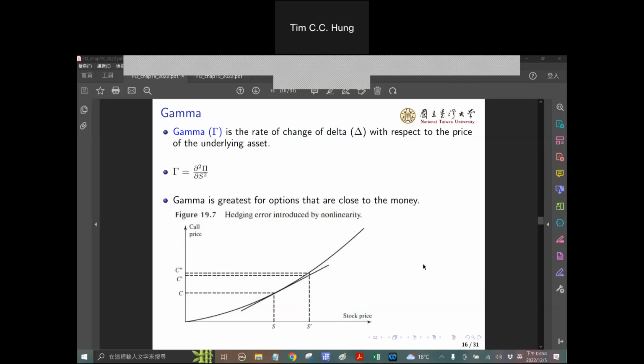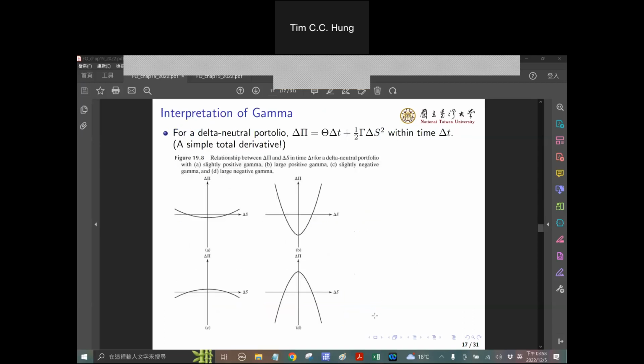Usually, the deviation of the derivatives will be larger than what delta could capture. So gamma is like a security that helps us further capture the larger price changes in the underlying assets. Does that make sense? Okay, cool. I think we don't have to spend too much time on it.